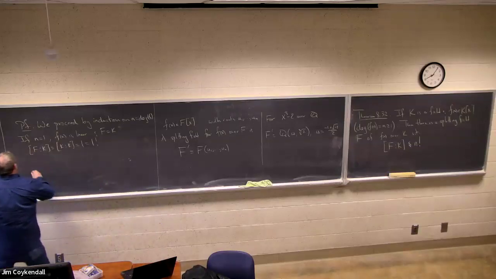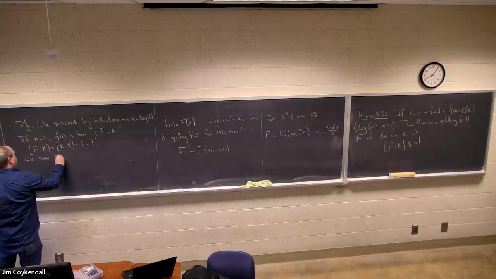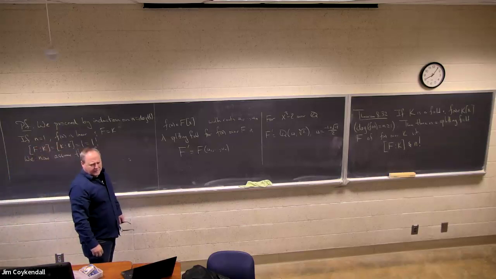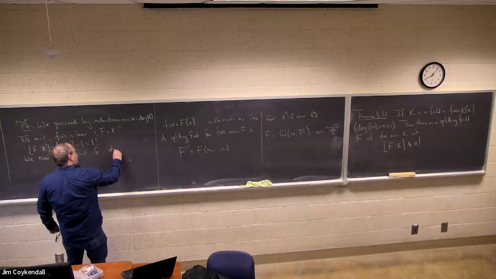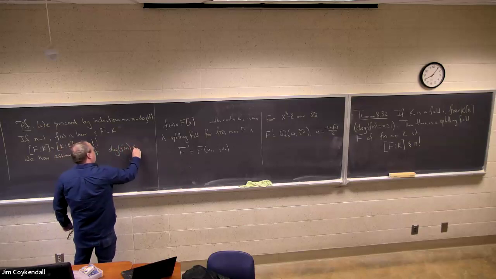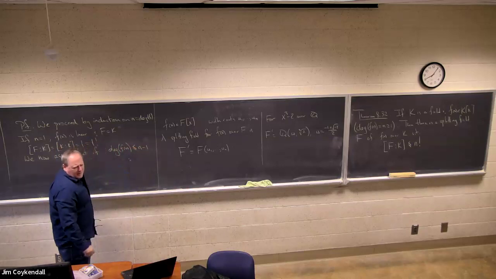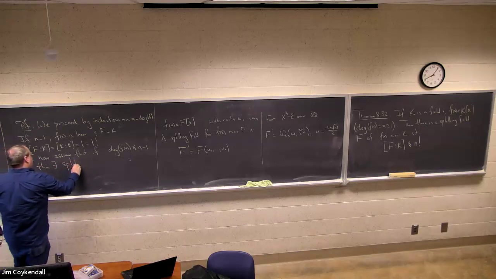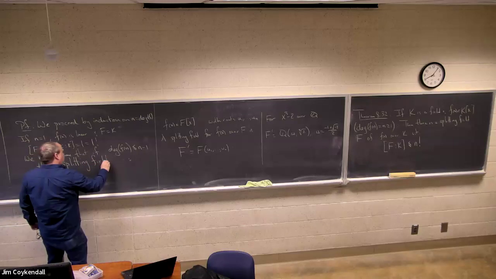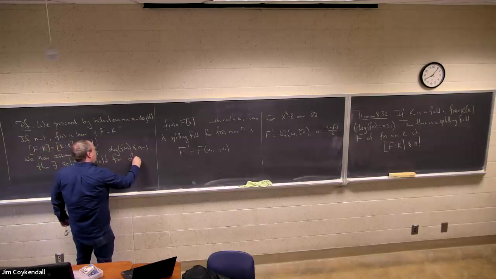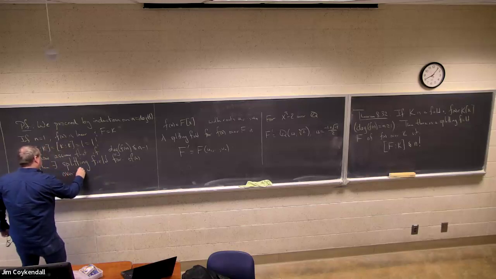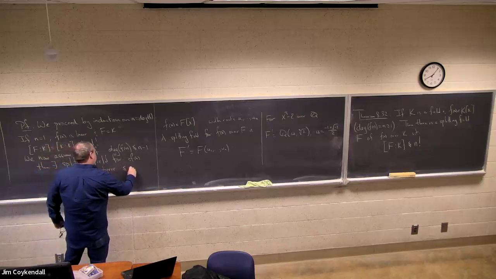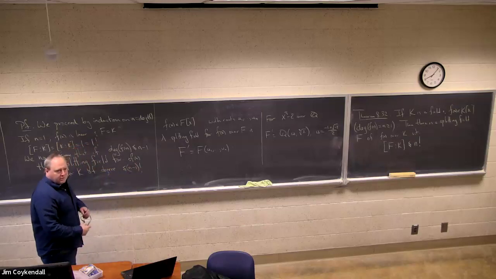Right. We now assume that if F has degree n minus 1, then there's a splitting field for F over K of degree less than or equal to (n minus 1) factorial, right?